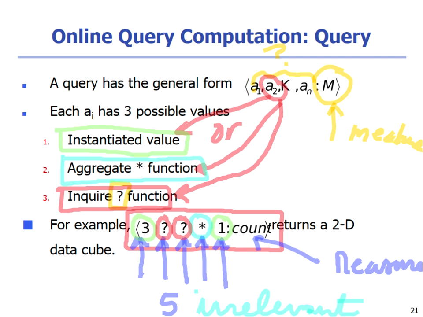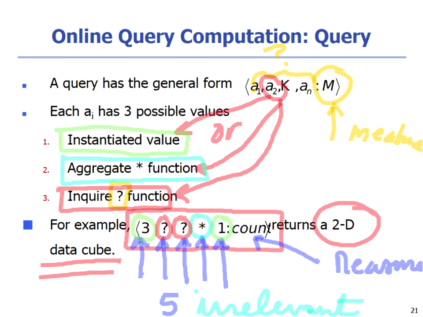For this reason, this query returns a 2D data cube. Is it clear? Last point, that means what? Inquired.